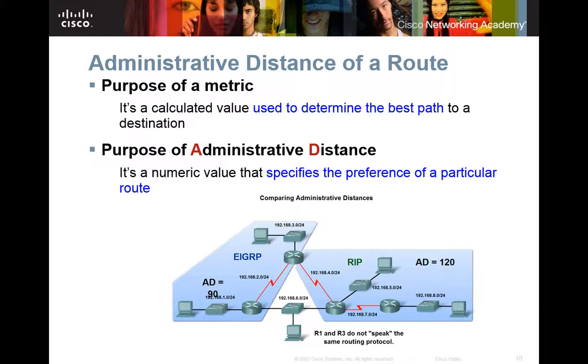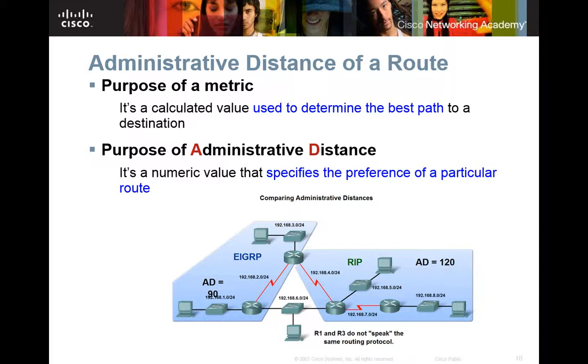The purpose of an administrative distance. Okay? The administrative distance tells you how long it's going to take me to get from here to here. From that router to that router. There's an administrative distance of 90. I have an administrative distance of 120. Right? So R1 and R3 aren't going to be able to talk to each other, so they have to go through number 2.